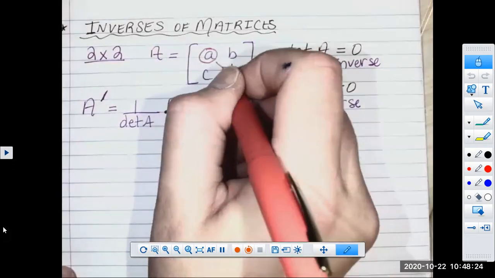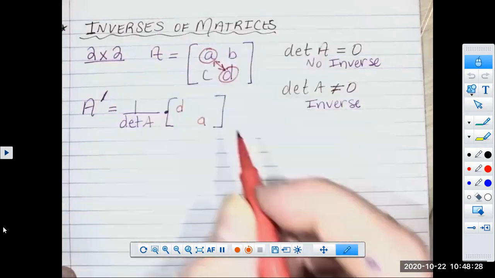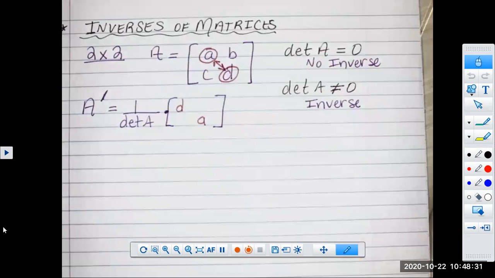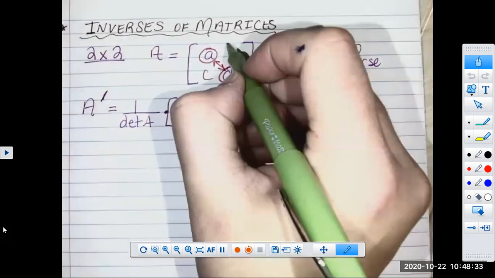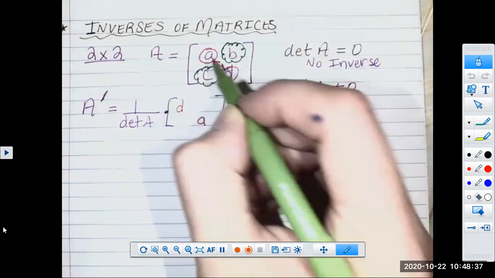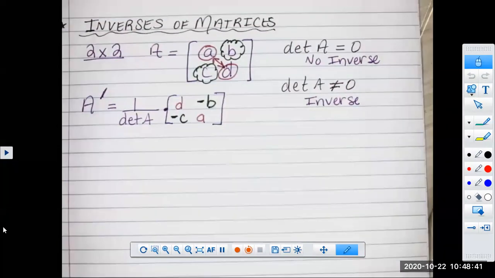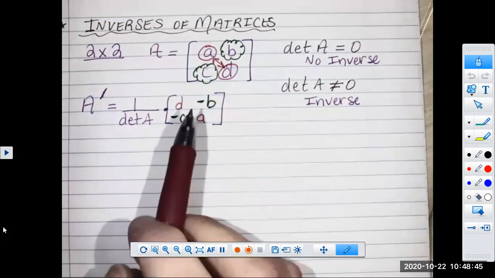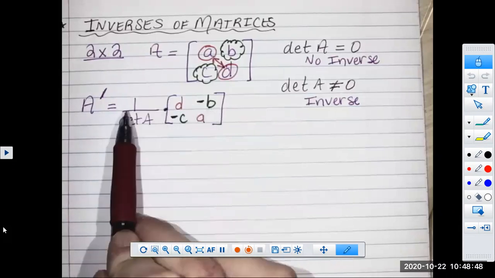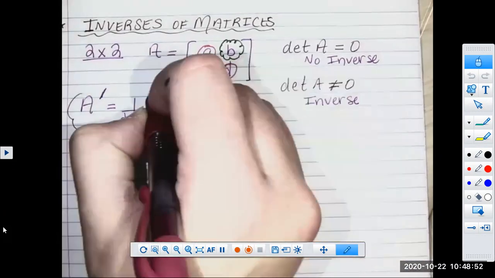These switch. Then you change the sign of b and c. Once you multiply those new elements by this fraction, you will have your 2 by 2 inverse.